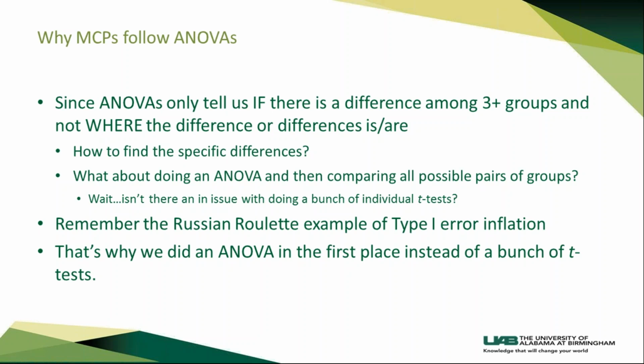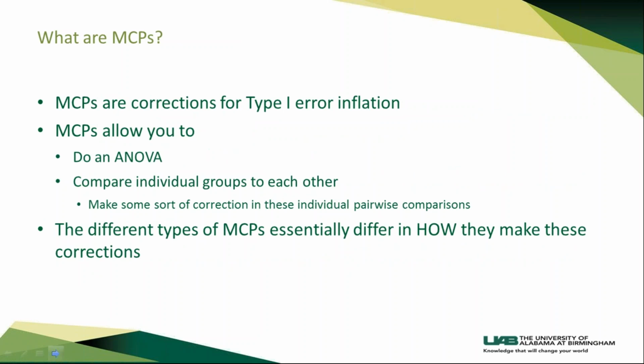So go back to that Russian roulette example of how every time we do a bunch of individual t-tests, we're really increasing the likelihood that we run into this false positive. So that's why we came up with this ANOVA in the first place, because it was an ideal solution to do one test instead of three or more little ones, and maintain just a safe type 1 error rate.